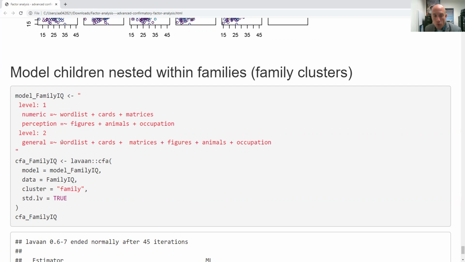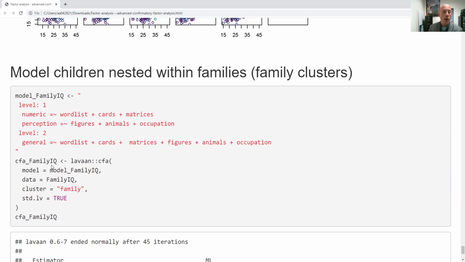There is a difference, though. If I had done numeric and perception, there would not have been as much flexibility to fit. That might be good, might be bad. For this situation, the author chose to have general be manifested directly by the 6 indicator variables.